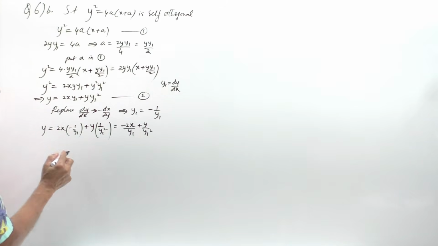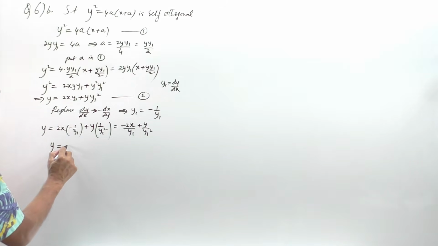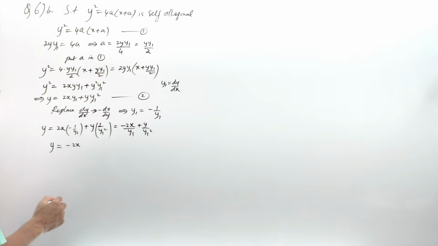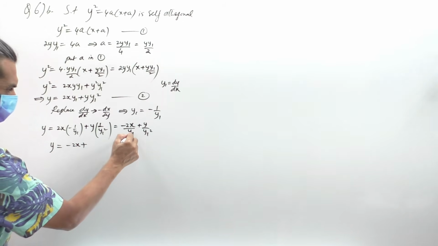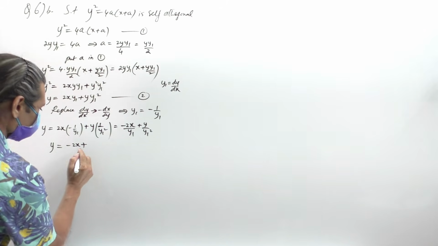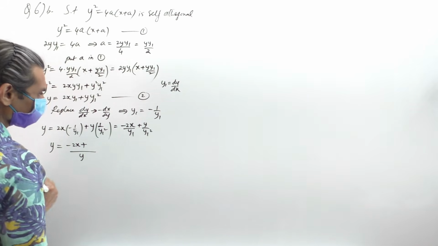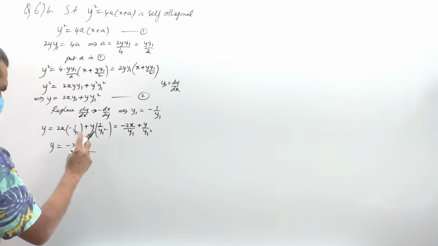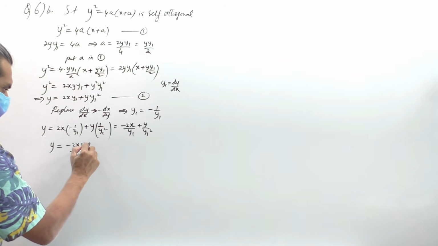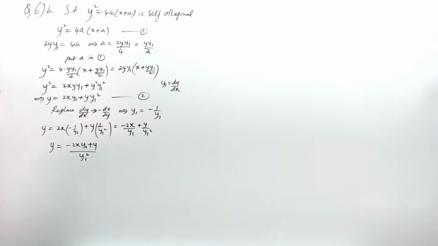Now let's take the LCM of it. So we have y is equal to minus 2x plus there is y1 square. Okay, LCM is y1 square. So this will be 2x y1 plus y. Okay.